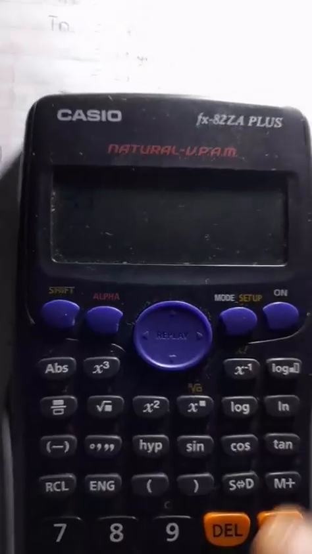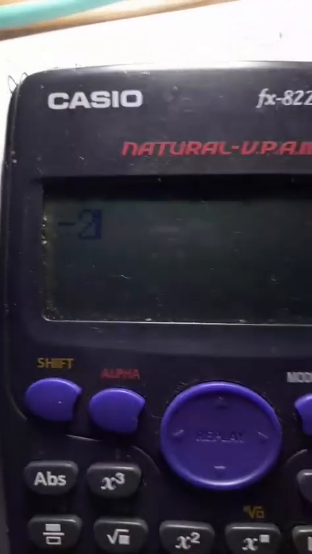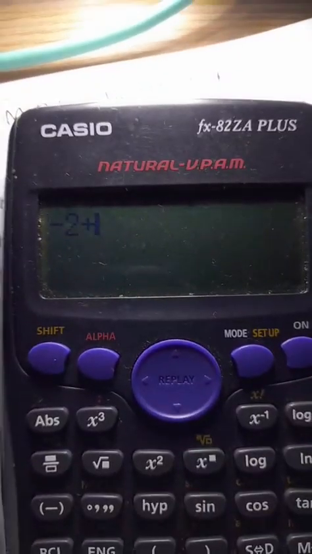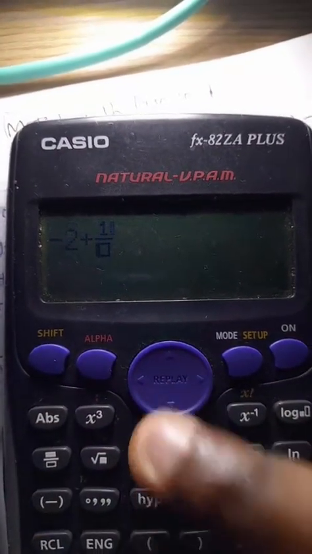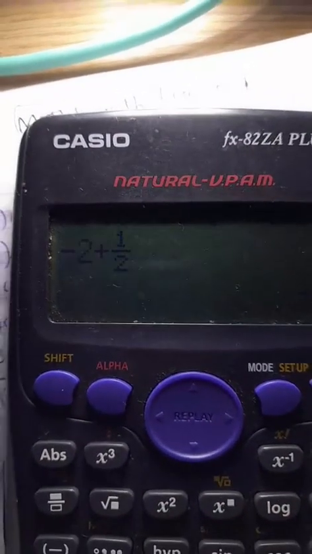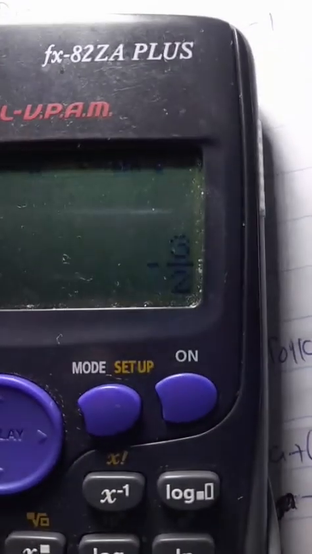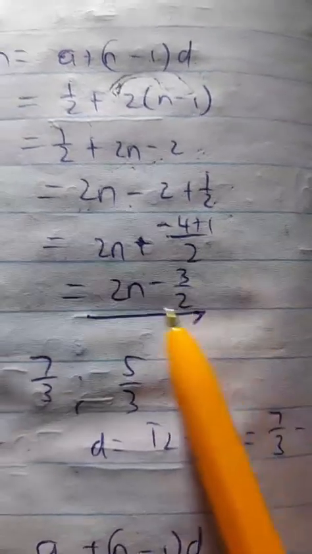Then you just take your calculator, guys. Like I said, you don't have to do what I did. You simply say minus 2 plus half, you say equal, and you get the answer. It's negative 3 over 2. And that's that, guys: 2n minus 3 over 2.